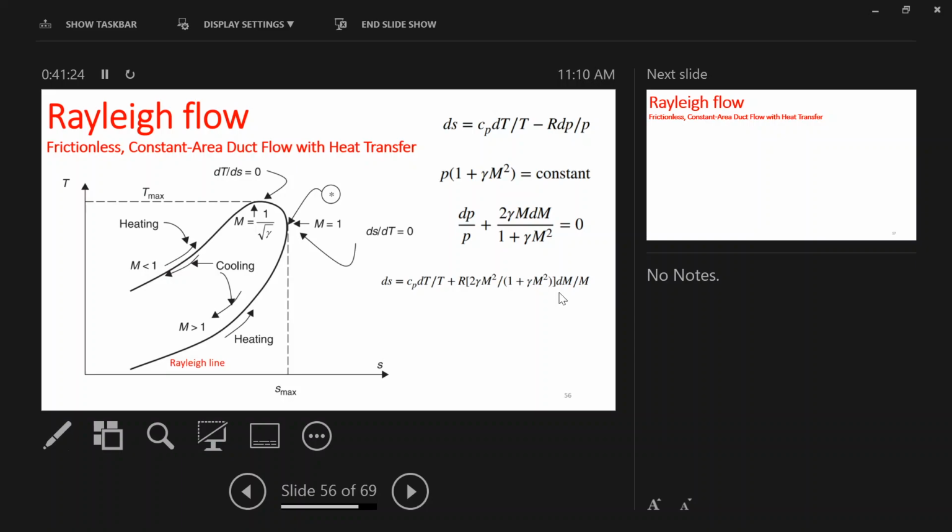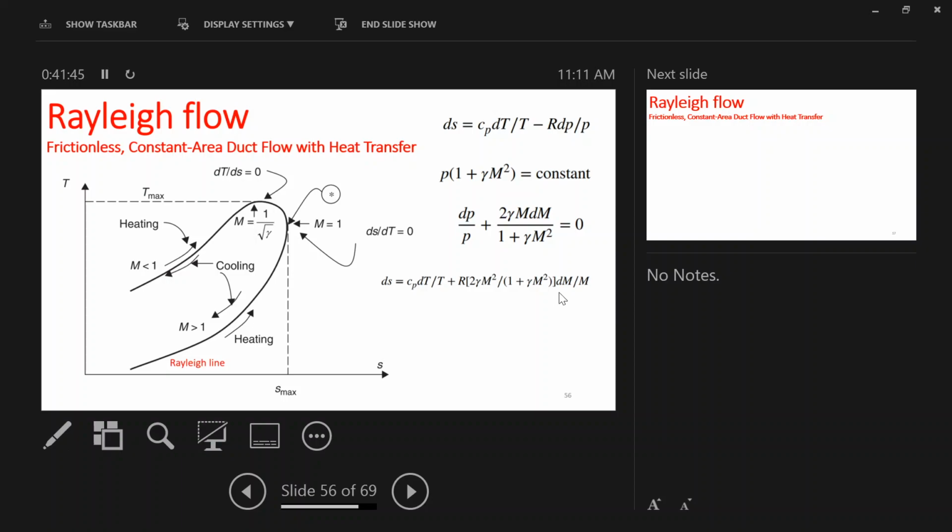For that specific case, your Mach number at that point is going to be equal to 1 over the square root of gamma. So for each gas, that point reaches a different position.